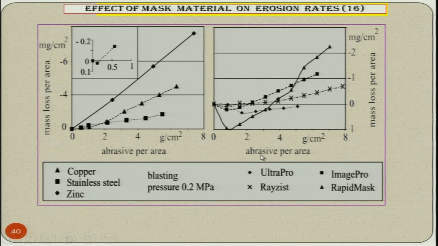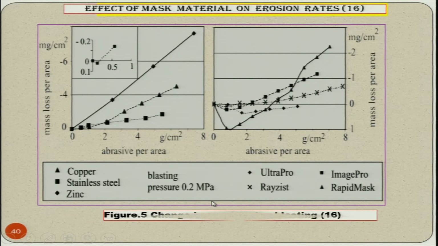In the same way, you can see here abrasive per area, and here is the mass loss per area, and this is for different materials like Ultra Pro, Resist, Image Pro, and Rapid Mask. So, different kinds of mass loss per area are over here, showing the change in mass during blasting. You can see in both the cases, again taken from reference 16.